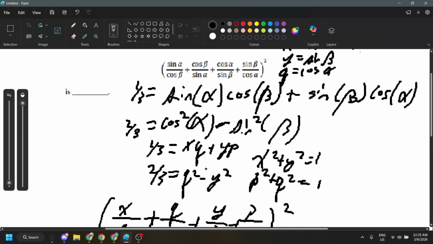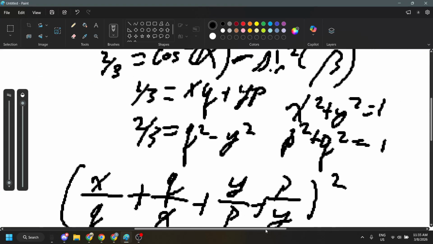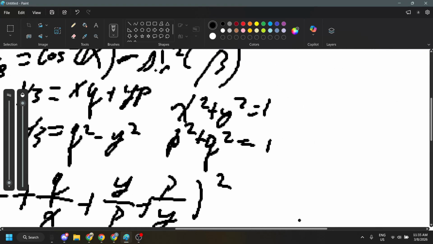Right here we can convert between y and q, so maybe we should combine these two equations. Here we have 2/3 plus y squared is equal to q squared.